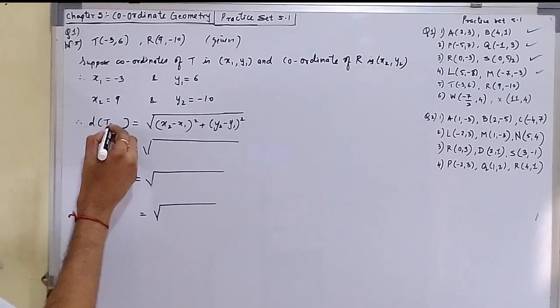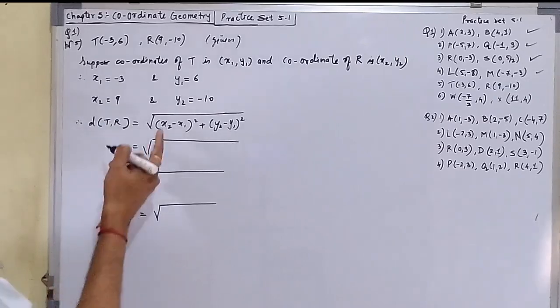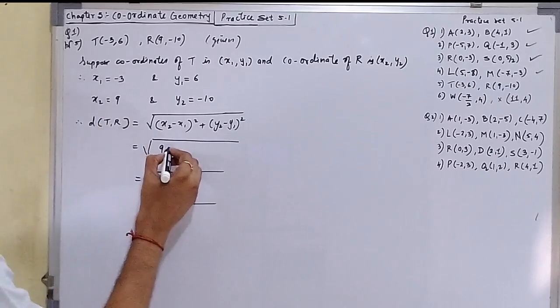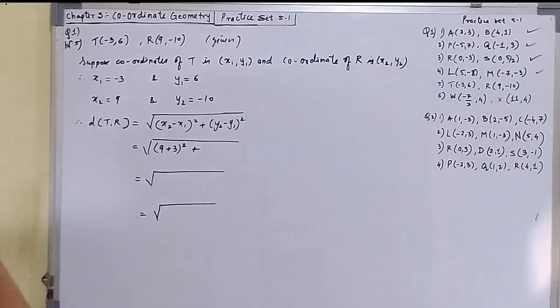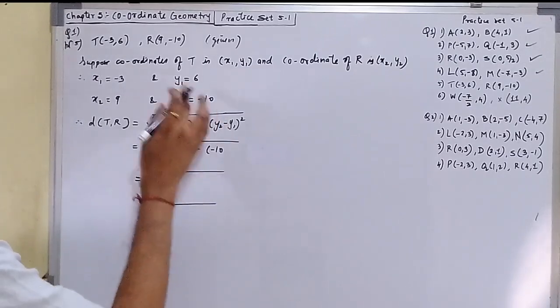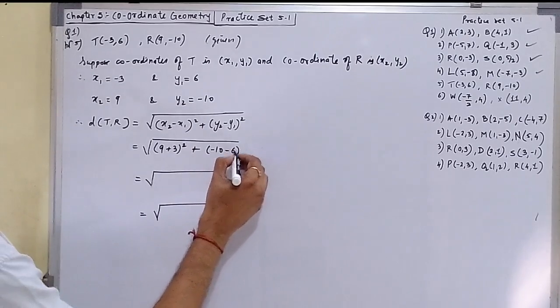Now we are interested in TR. So x2 is 9, minus of minus will be plus 3 square, plus y square is -10 minus 6.